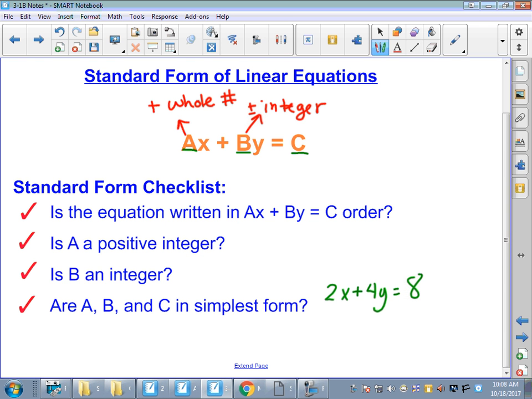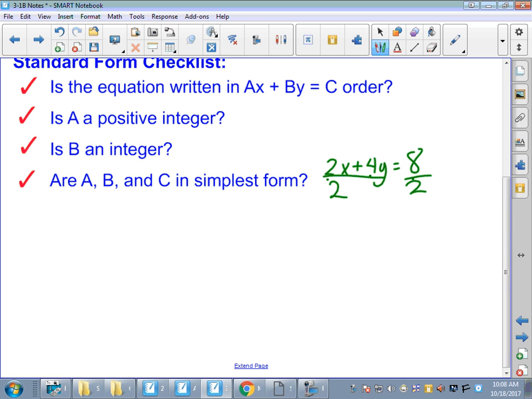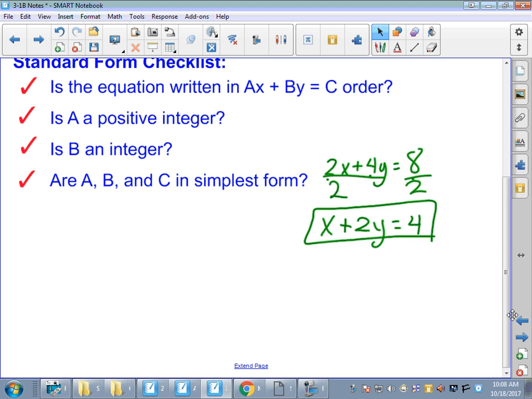Everything's whole numbers. But I notice a pattern here. 2, 4, and 8. If I divided both sides by 2, every term, I could simplify that into x plus 2y equals 4. So the last thing we're talking about is, is it written in simplest form? Could I take a common number out of each side that would reduce that to simplest form?